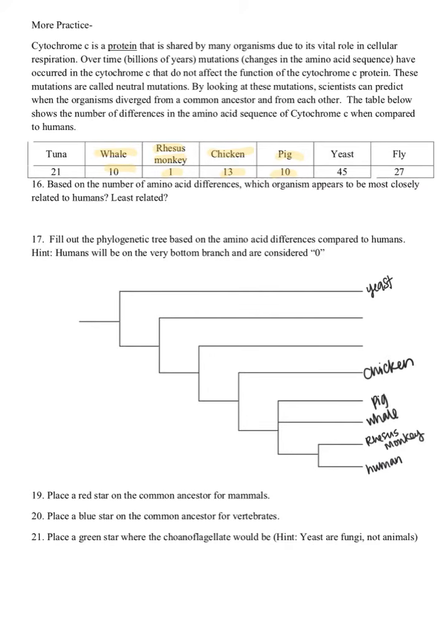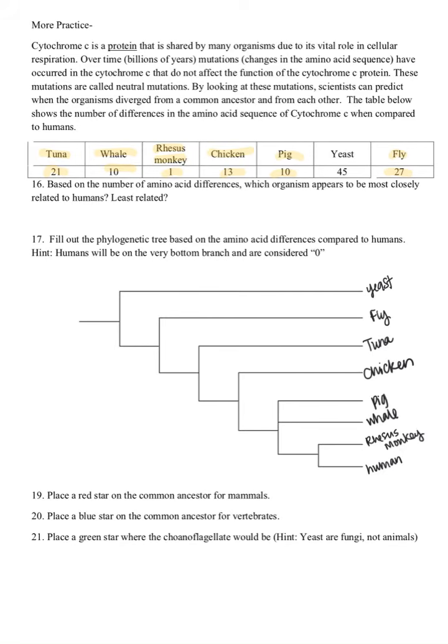Now, after that, which one has the next least number? That would be tuna. And you're right, it's going to be the next most closely related branch. Now, last one, which one has the next lowest number? That would be flies. So I'm going to add that to my phylogenetic tree.